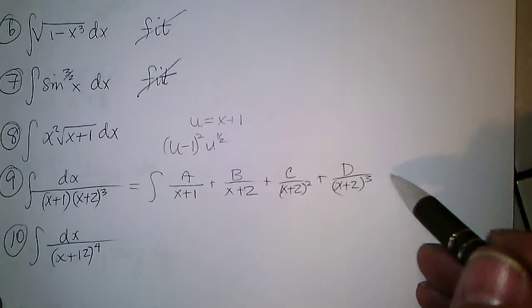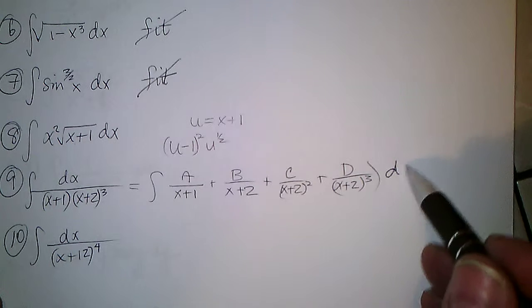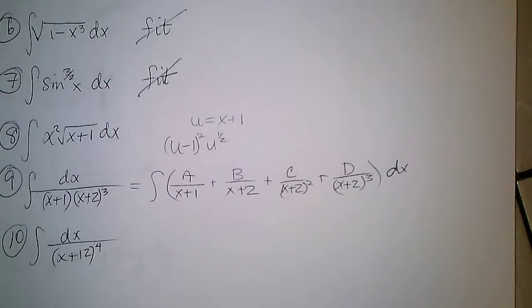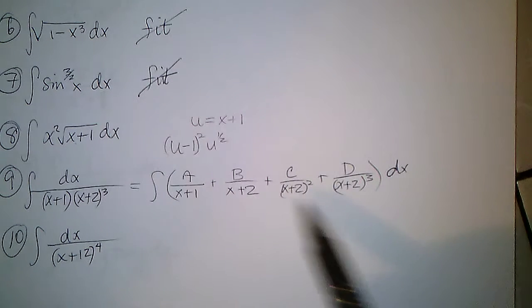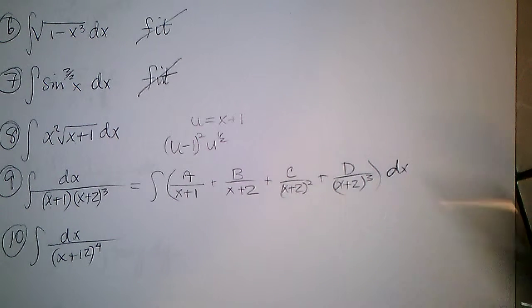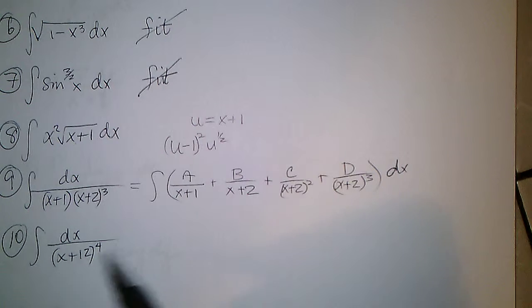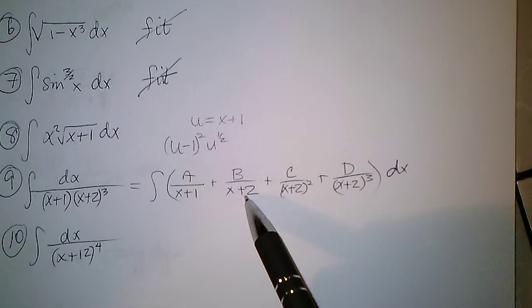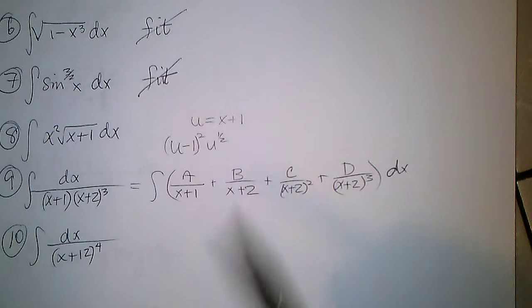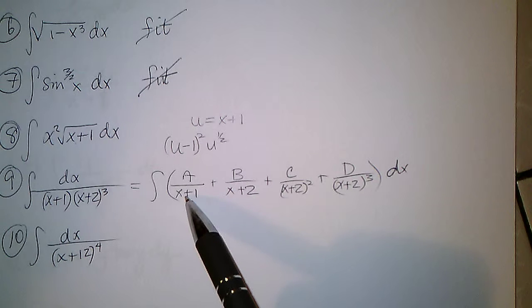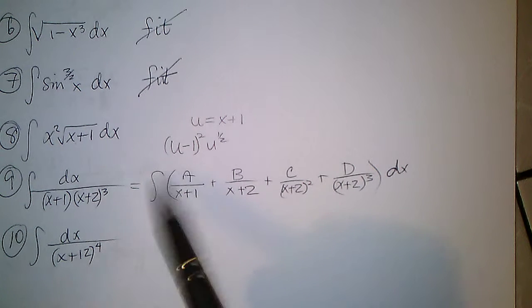Then figure out what the a, b, c's, and d's are. And then we can integrate each of the pieces, doing u substitutions for x plus 2 on each of these, and this one would be just ln of x plus 2 times whatever b was, and this would be ln of x plus 1 times whatever a is.